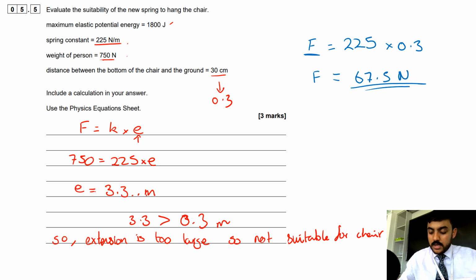And we know 750 newtons is way bigger. Now, 750 newtons would be a person of around 75 kilograms. That's just an adult weight, okay? So it's not like the spring is really strong and the person sitting on it is huge. It's just that the spring is weak.